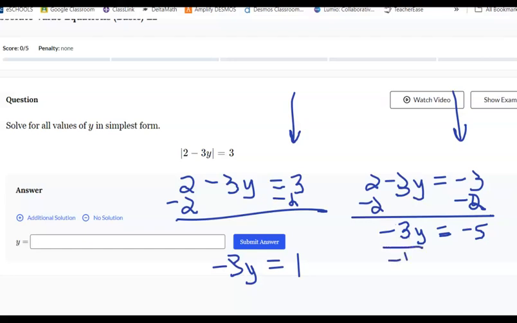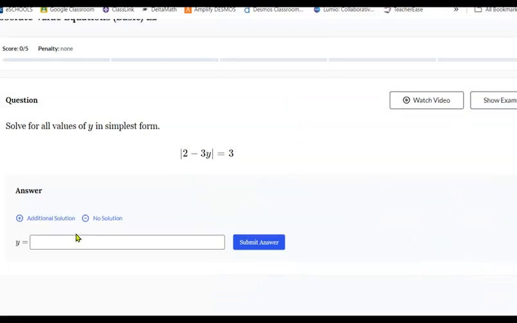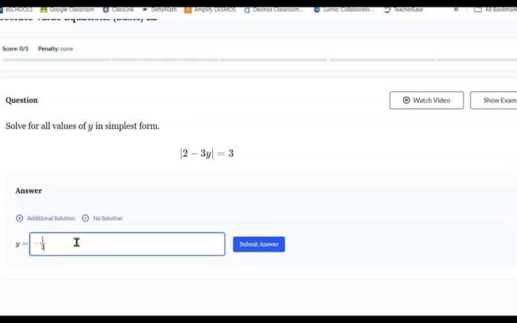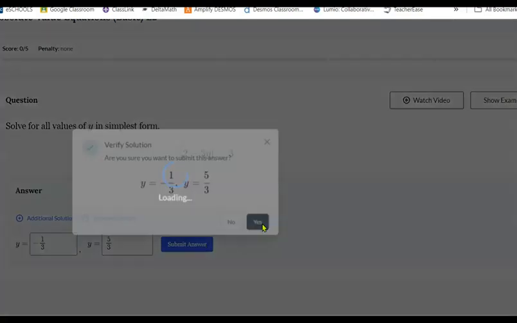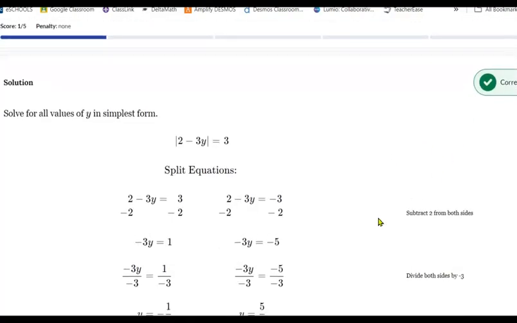So when I'm dividing here, I'm going to get 5/3. And when I'm dividing over here, I'm going to get -1/3. So I have two solutions, -1/3 and 5/3. So -1/3, add a solution, 5/3. And those are the two separate answers.